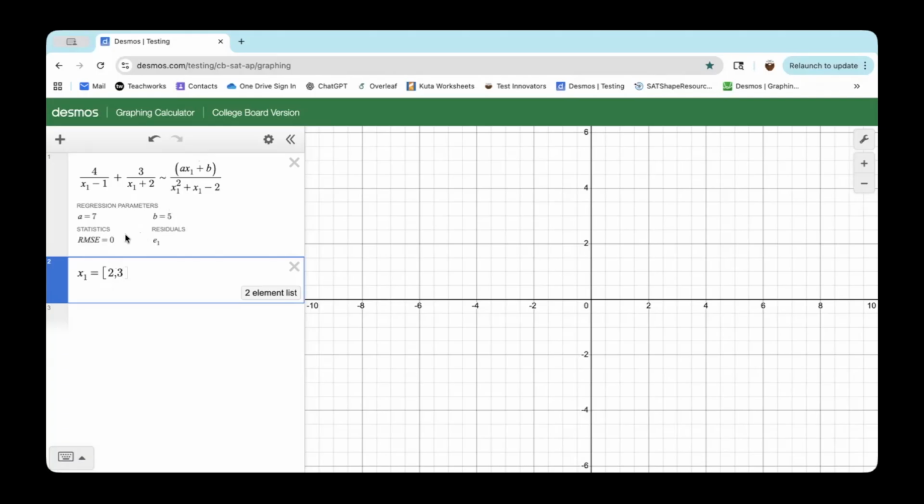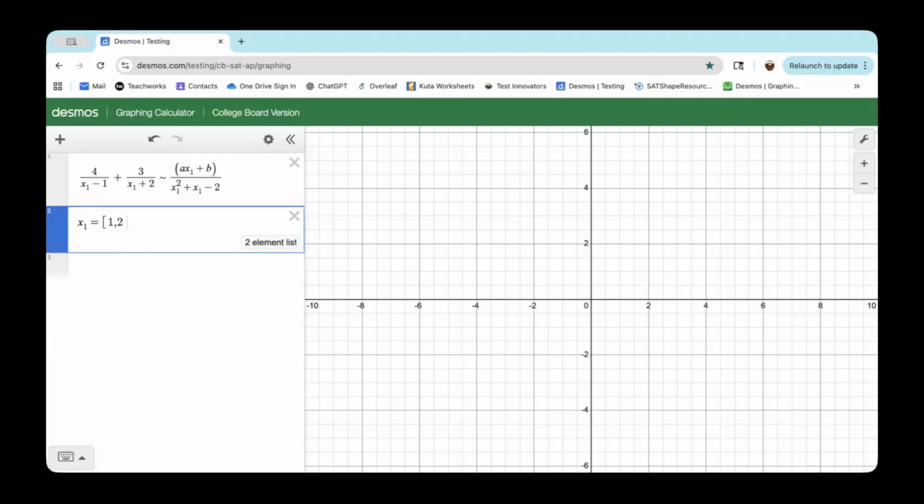And one more question. For x1, can you put in any value, or does it have to be a certain one? Yeah, good question. So here's the rules. You need to put as many values as there are constants. And then in problems like this, you just want to always stay away from dividing by 0. So if I accidentally put 1 and 2, it won't do anything because I'm dividing by 0 when I plug in 1.